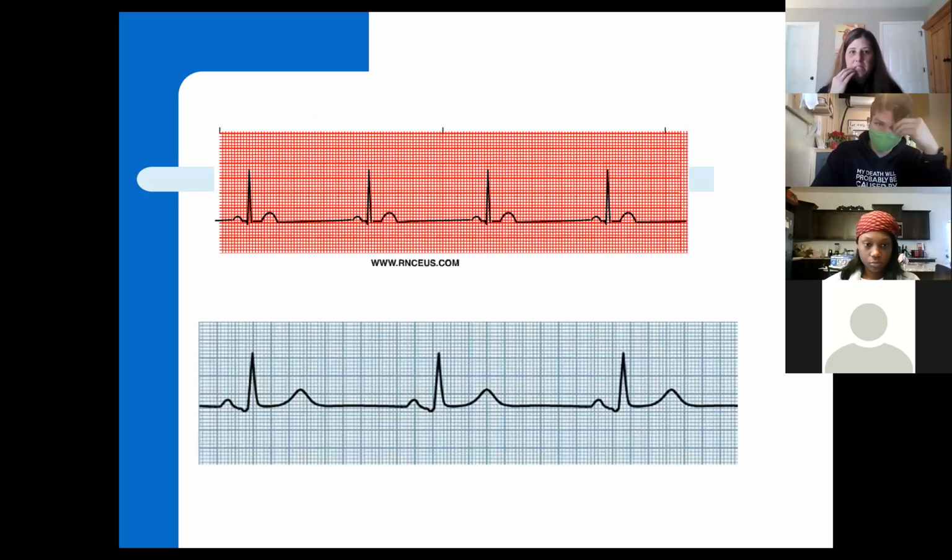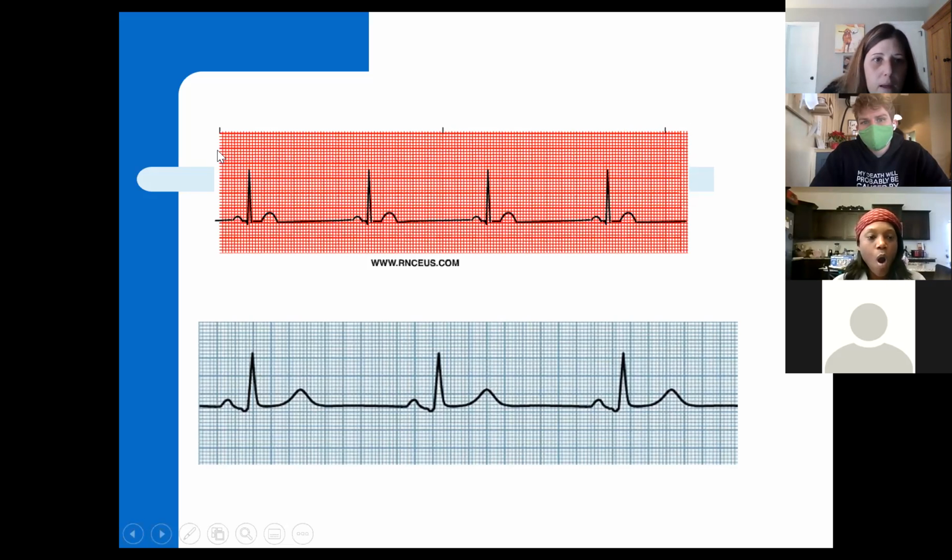Okay, here are some examples. First thing I want to point out before we talk about these: everybody see at the top of this red EKG strip, these little hash marks? That is what I said earlier is 3 seconds, and this is 3 seconds.